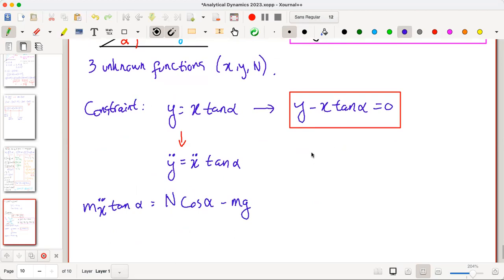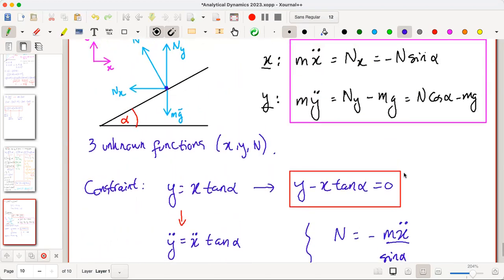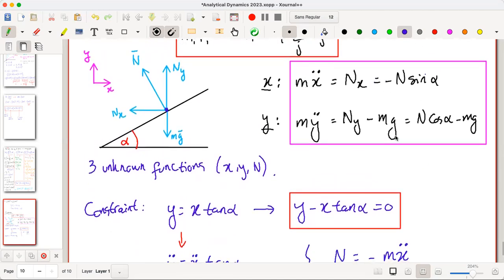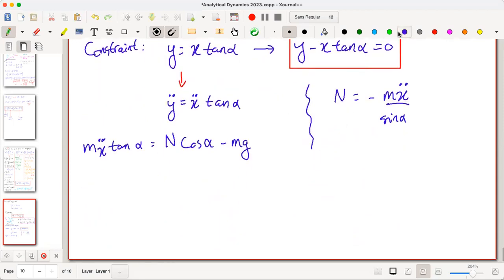The n here is just minus m x double prime over sine alpha, coming from here. So I can insert this expression into here. What do I get? This is minus m x double prime over sine alpha minus mg.